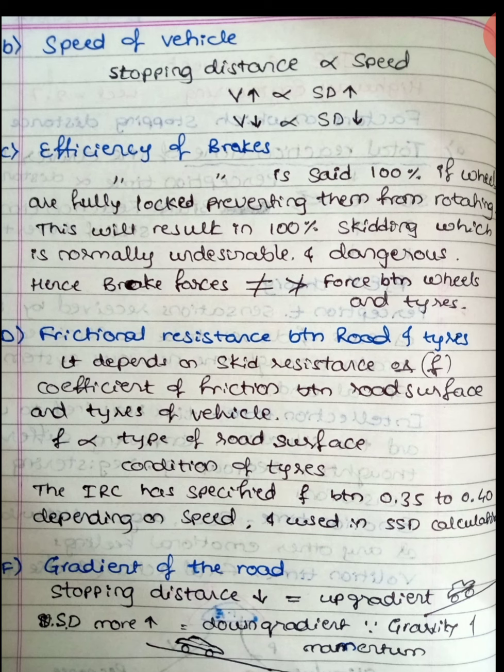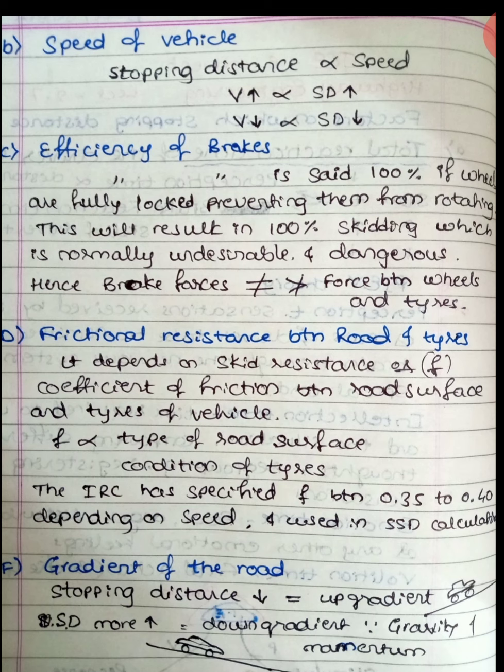And this coefficient of friction depends on the type of the road surface, whether it is a smooth surface, new road, old road with potholes, or a rough surface, a bituminous road or a cement concrete road. And the condition of the tires also, whether they are new tires with good grip, or very old tires with no grip, where there is a possibility of skid.